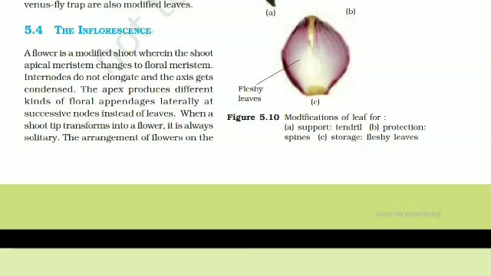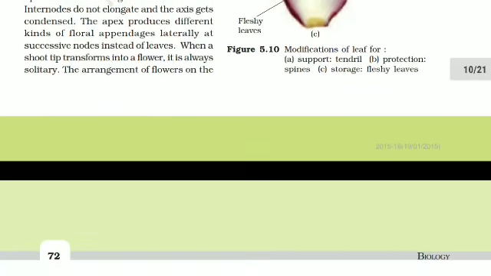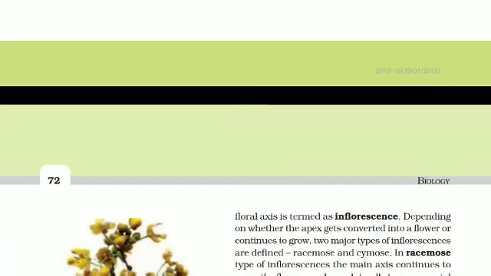So the arrangement of flowers on the floral axis is termed inflorescence. So we can define inflorescence in this way: inflorescence is the name of modified shoot that is specialized to bear flowers.